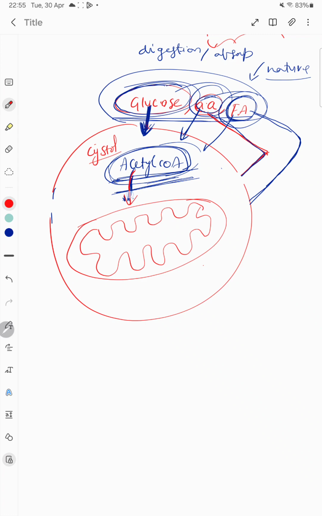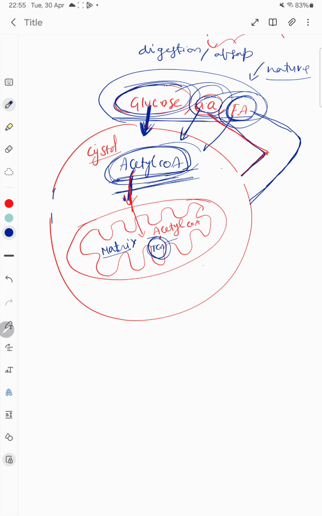So acetyl CoA enters into the mitochondria, and enters into the matrix. Now acetyl CoA is here. So acetyl CoA performs the TCA cycle, which means the TCA cycle is occurring in the matrix of the mitochondria. In the matrix the TCA cycle occurs.